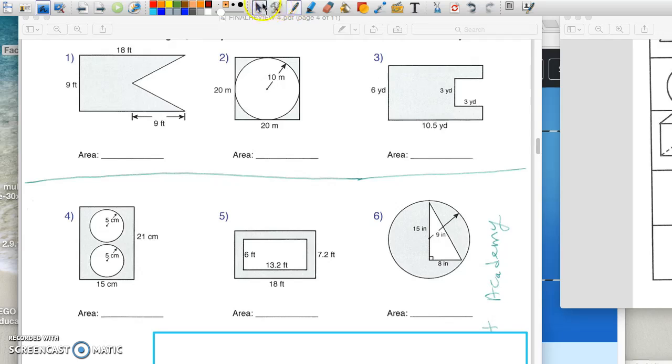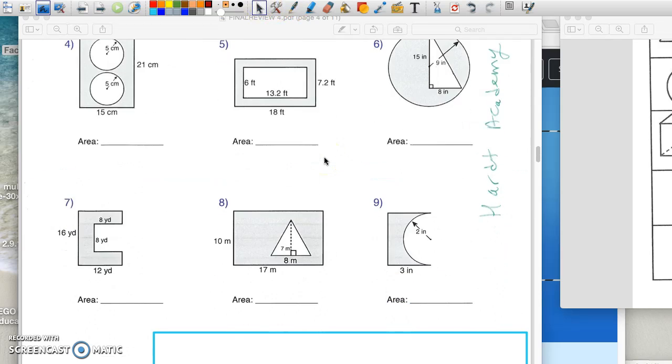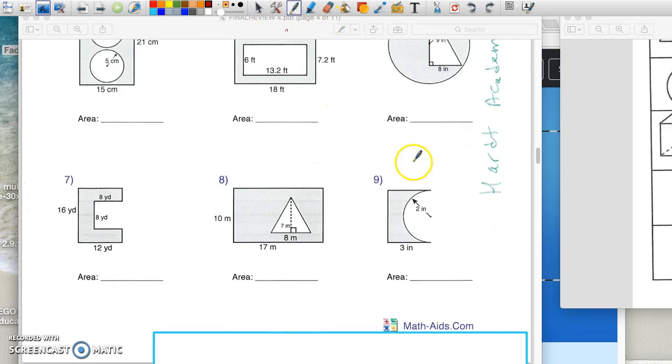Alrighty. What's next? Can you handle these? Absolutely. Ooh, I like this one. Don't let this one fool you. Okay? Check this out. You know that this is 3. But you're probably wondering, well then what's this, Mrs. Hart? Don't worry.